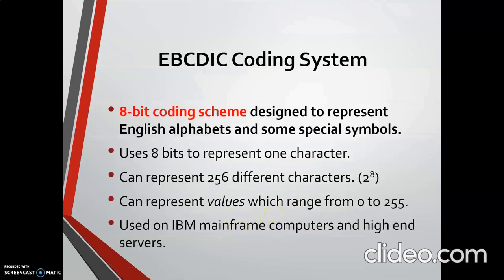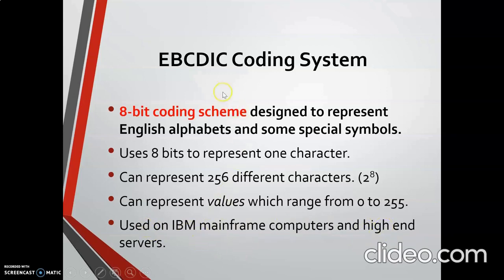So the second coding scheme is EBCDIC. It is defined as an 8-bit coding scheme designed to represent English alphabets and some special symbols. This definition is the same as ASCII just now, so that's not much different. The difference is that it was originally designed by IBM, a big company in computers, to be used on IBM mainframe computers and high-end servers only.